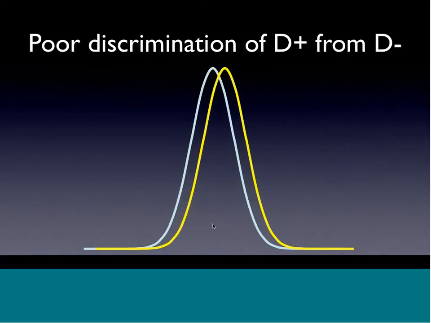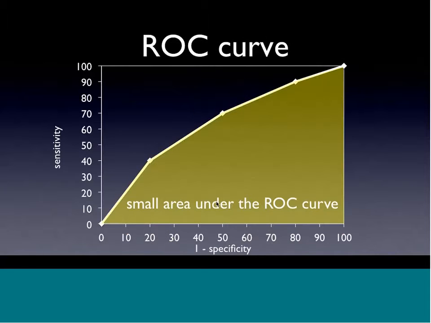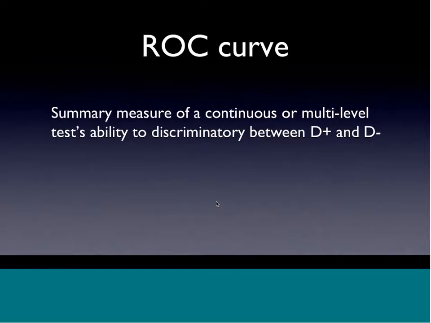A test that has poor discrimination has a very large area of overlap and a small area under the ROC curve. Let's move on. So ROC curve is a summary measure of continuous or multi-level tests' ability to discriminate between disease-positive and disease-negative cases.